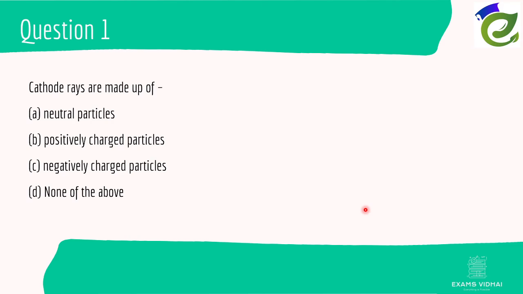Right, the answer to this question is negatively charged particles. In the slide on cathode rays, where we learnt about the CRT, the short form of cathode ray tube or Crookes ray tube, we saw that cathode rays are negatively charged and anode rays are positively charged.